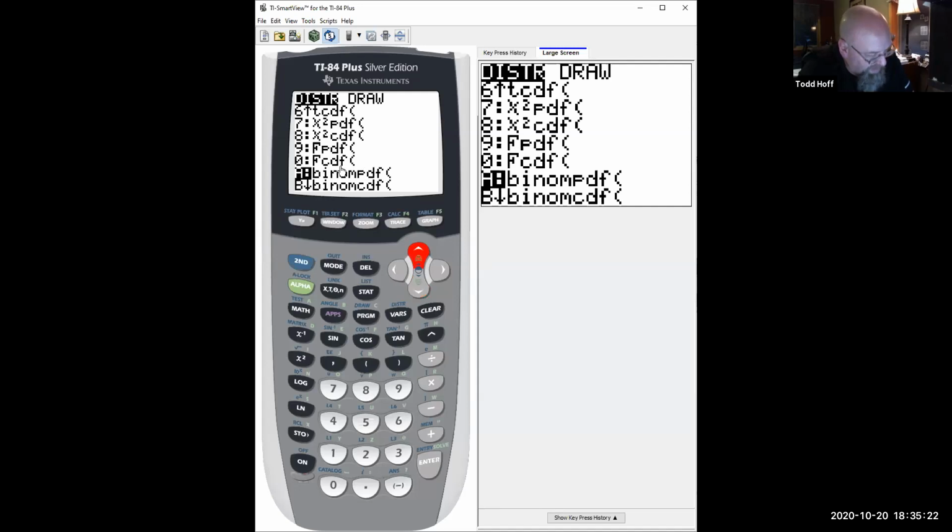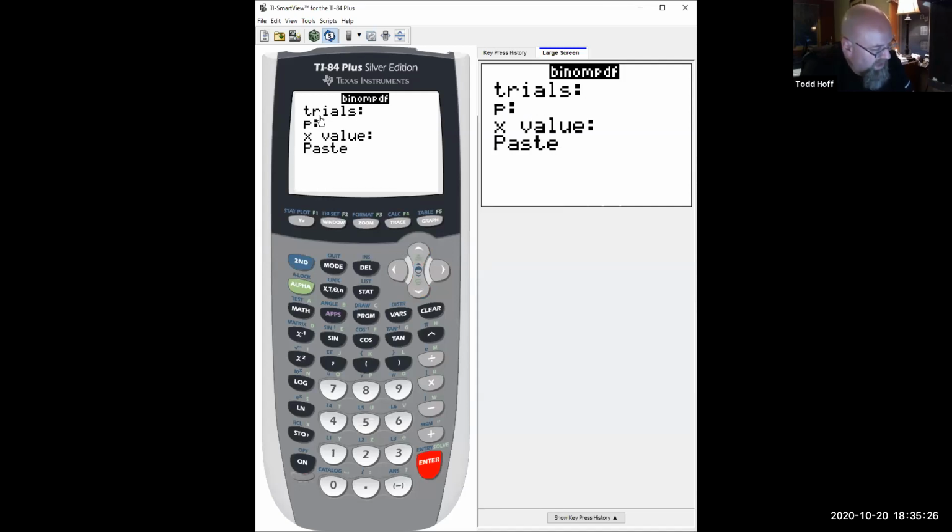We just want PDF here because we're looking for the probability of being equal to a single value. Notice it says binom PDF on top, so we can reaffirm that we got the correct function there. Our number of trials, n equals 5 trials. P, our probability of success on an individual trial, is 1/3, so I can do 1 divided by 3 for that value. Our x value, we wanted exactly 3 successes.